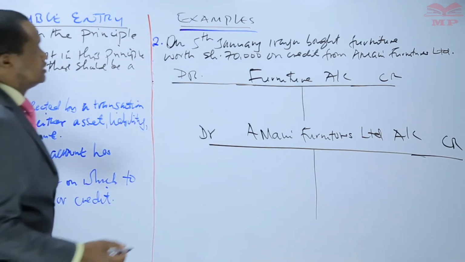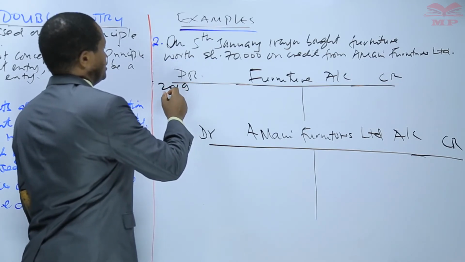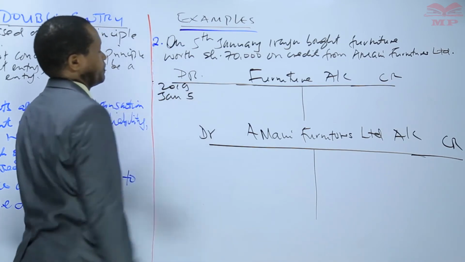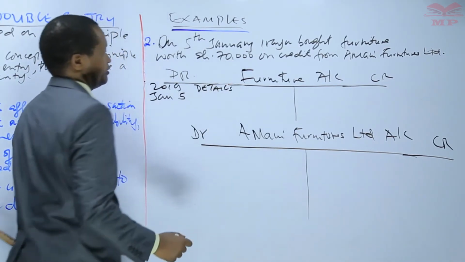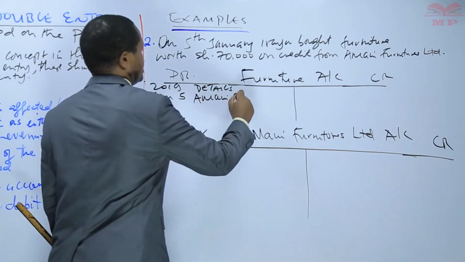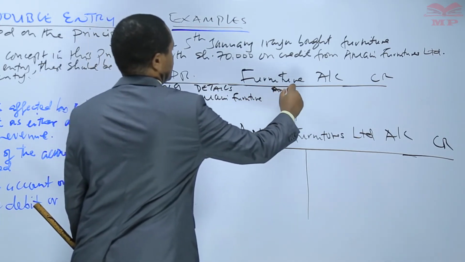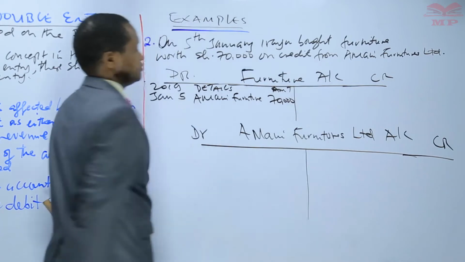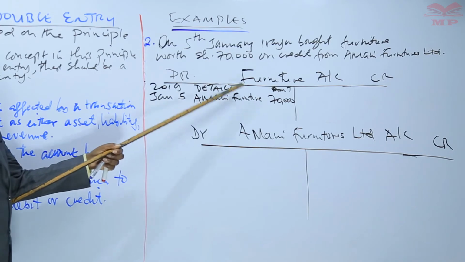So it has increased on 2019, January 5. Under details, we have the corresponding entry, which is Amani Furnitures. The amount is 70,000. So this account has increased.